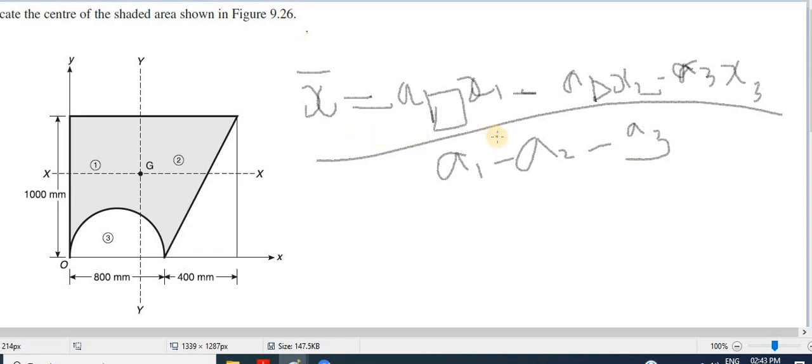Similarly, Y bar is A1, Y1 minus A2, Y2 minus A3, Y3 divided by A1 minus A2 minus A3.